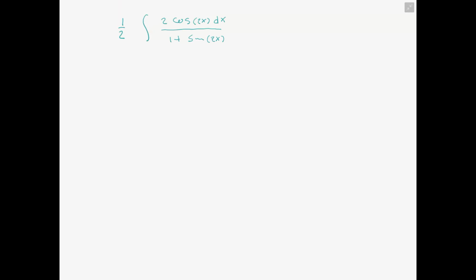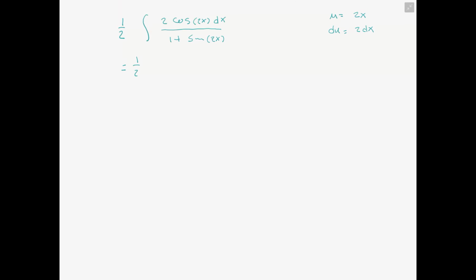Well, we can make a couple of substitutions here. First, let's make u equals 2x and du equals 2 dx.